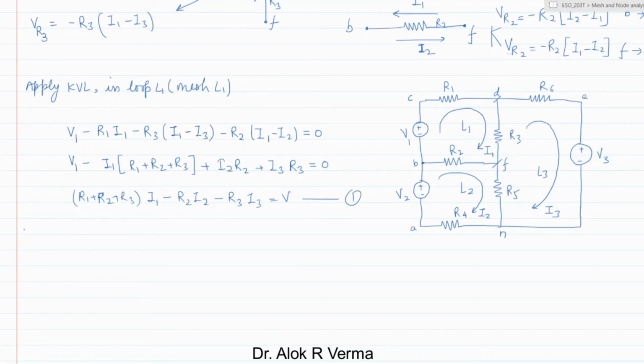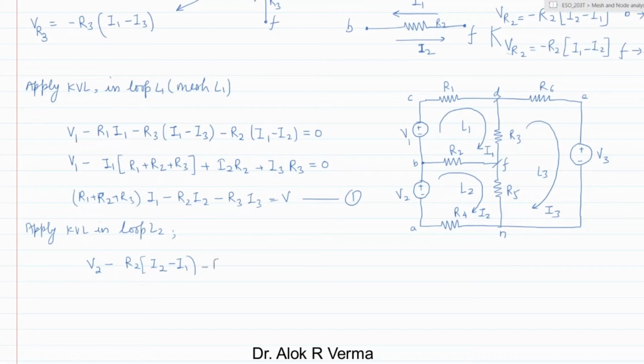Similarly, if we apply KVL in loop L2, we get V2 minus R2 times (I2 minus I1), because now we are considering the current I2 flowing from B to F. Keeping that in mind, this is the voltage drop.